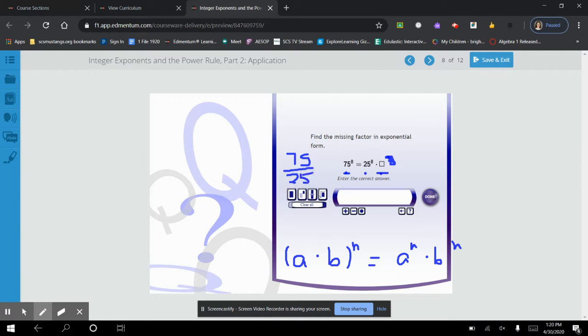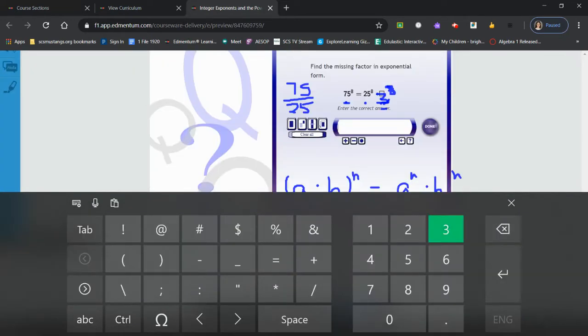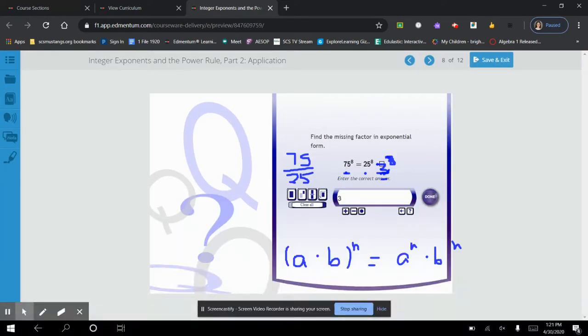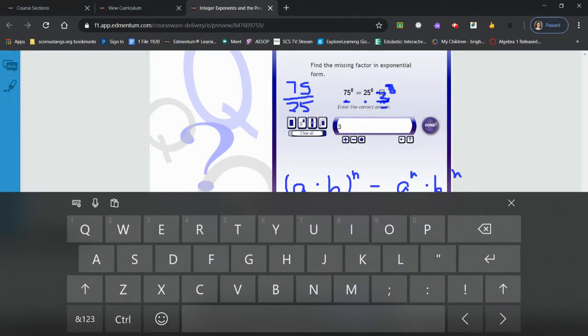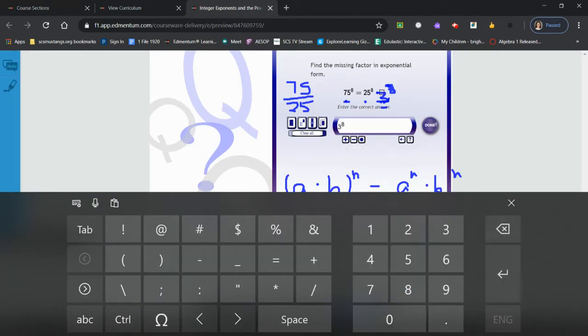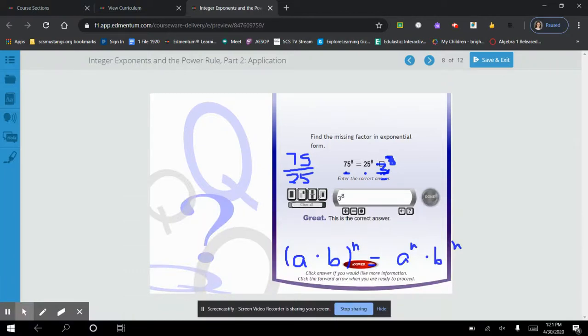75 divided by 25, just double checking in the calculator, is going to be 3 to the 8th power. So you're going to want to just go and type in 3 to the, need my keyboard back, 8th power. And there we go.